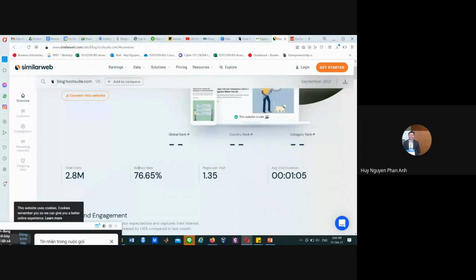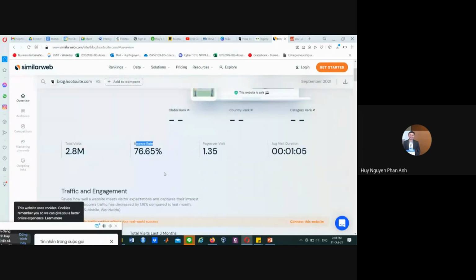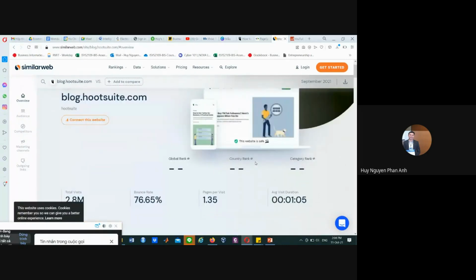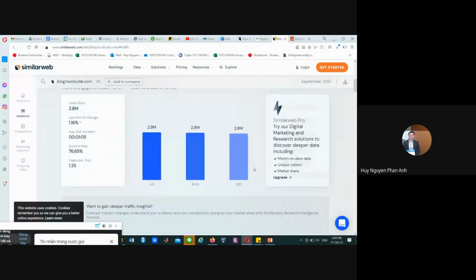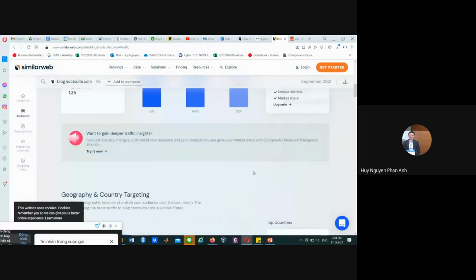The bounce rate means that the user visits your website for just a few seconds and leaves. So there's the bounce rate, pages per visit, average visit duration, so we know the insights of the website. So I think it's a must.